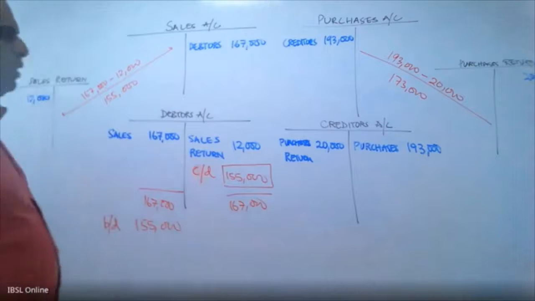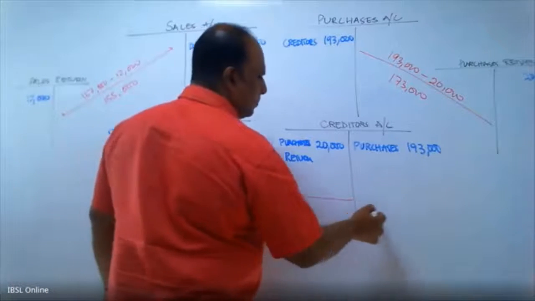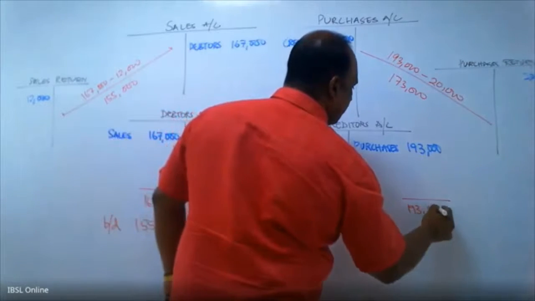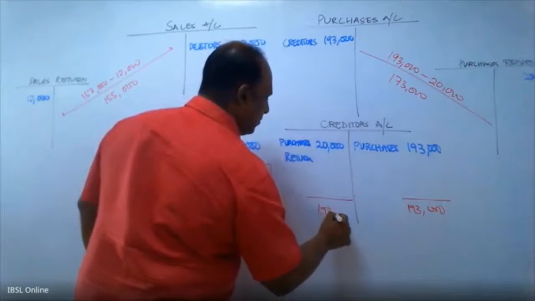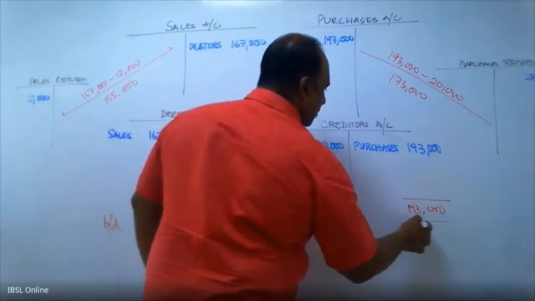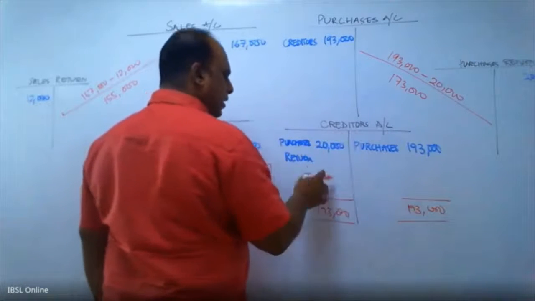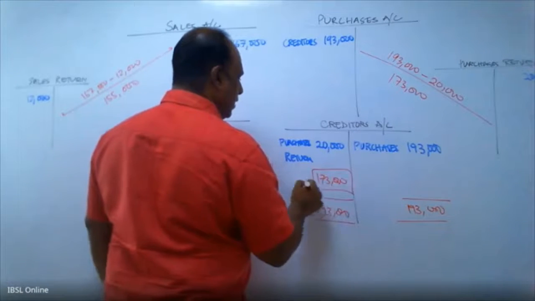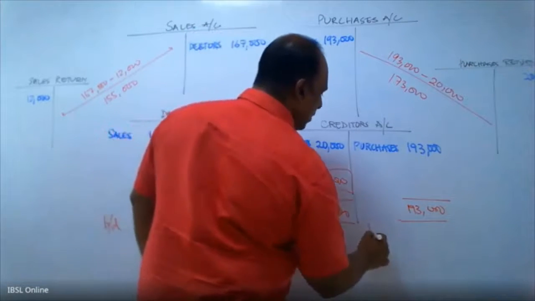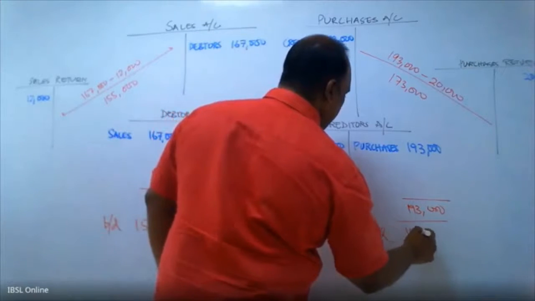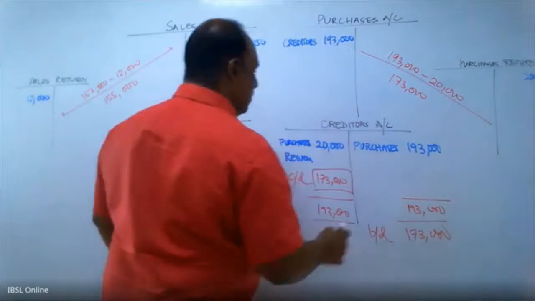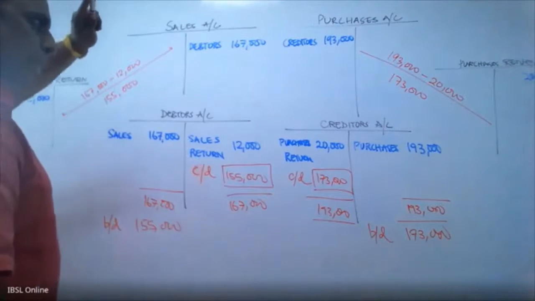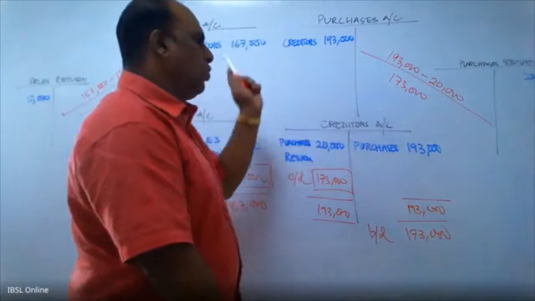Similarly, in the creditors account, what will happen? 193, 193. So this side is more, this side is less. Less by how much? 173. That is your balance carried down, and your brought down will be 173. So the 155 and the 173 go to your P&L.